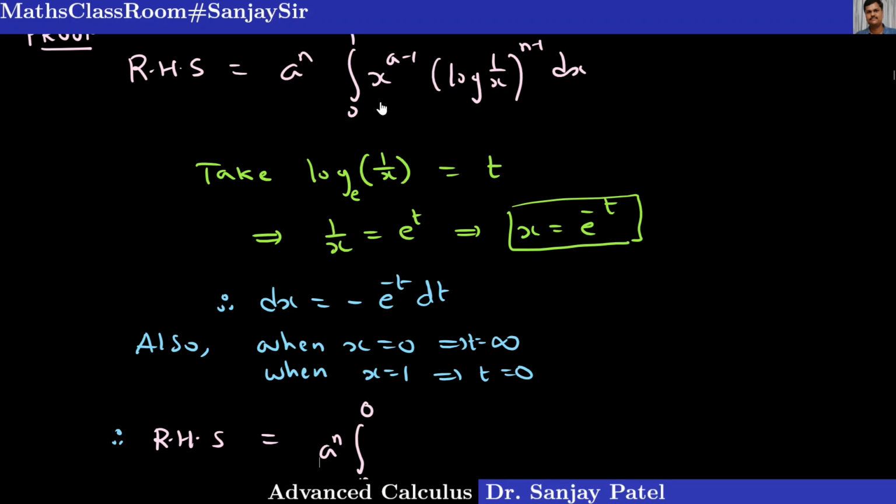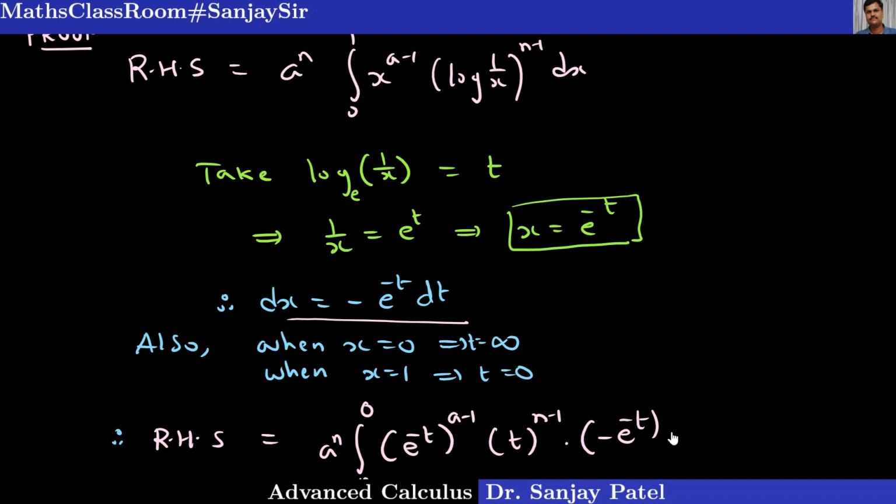And now I will put the value of x, which is e raised to minus t here. So e raised to minus t, a minus 1. Okay, and log 1 upon x we have taken as t here. So I can put directly and write t raised to n minus 1, and dx. The dx is replaced by minus e raised to minus t into dt.